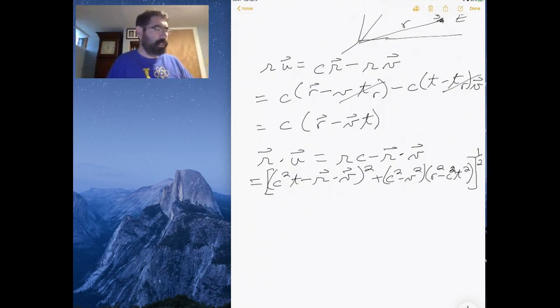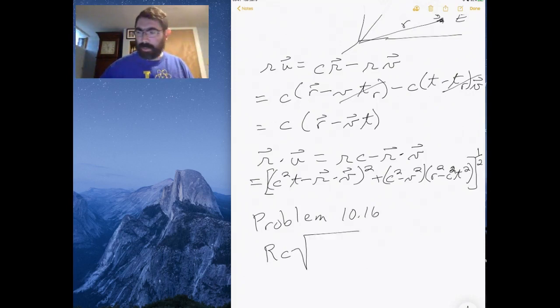So, okay, if you looked at problem 10.16, they solve this as r times c times the square root of 1 minus v squared sine theta squared over c squared.